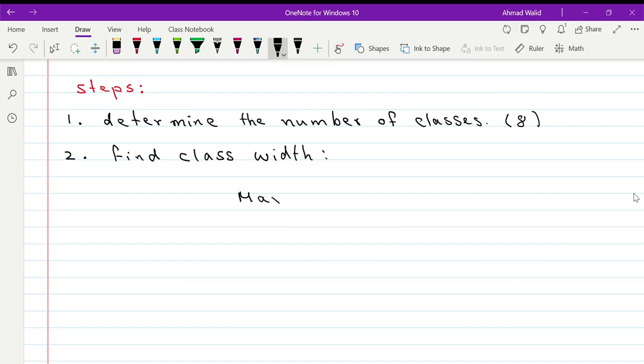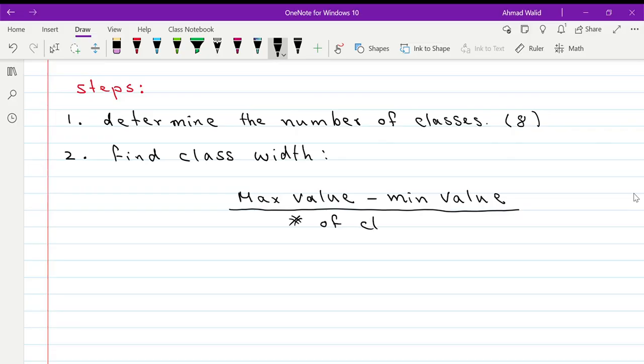I call it here max value minus your min value divide by number of classes. This sign means number of classes. Correct?